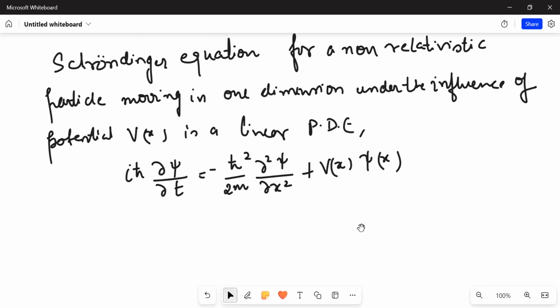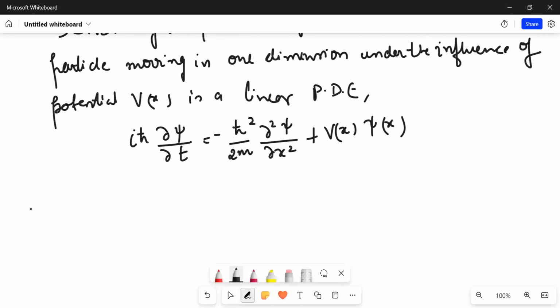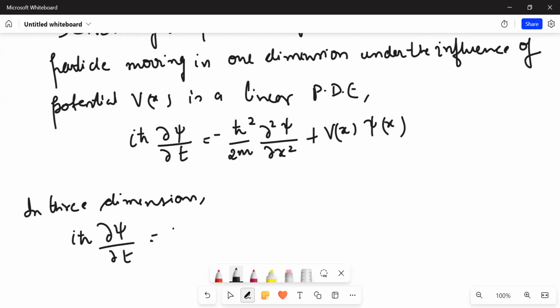A similar equation in three dimensions we would write as iħ ∂ψ/∂t equals minus ħ² upon 2m, and then instead of the second derivative in x you have ∇²ψ plus Vψ.